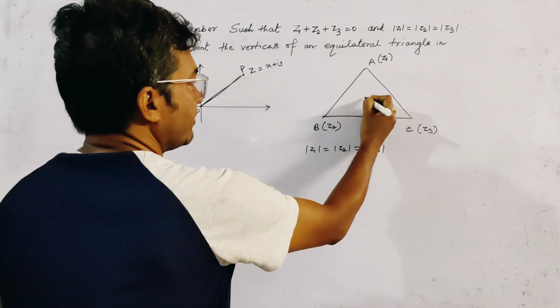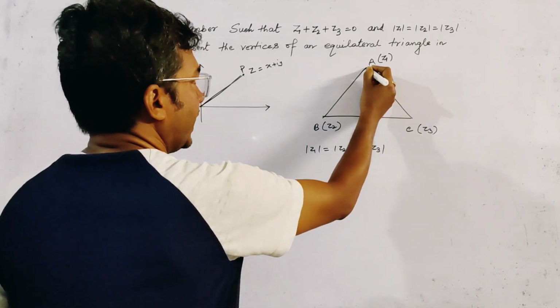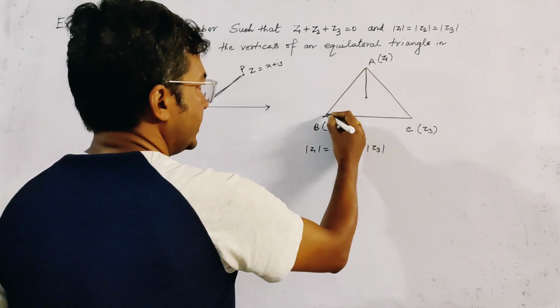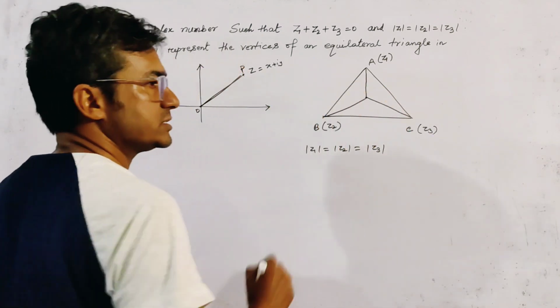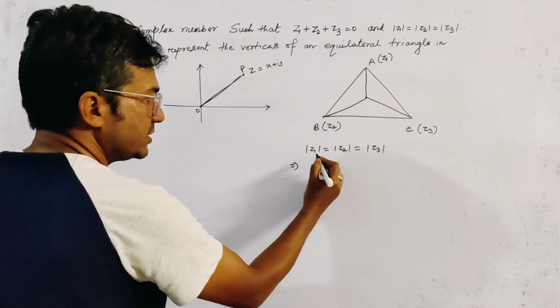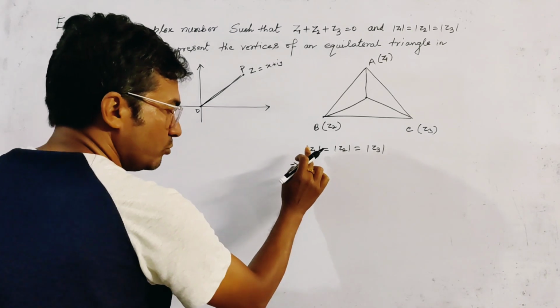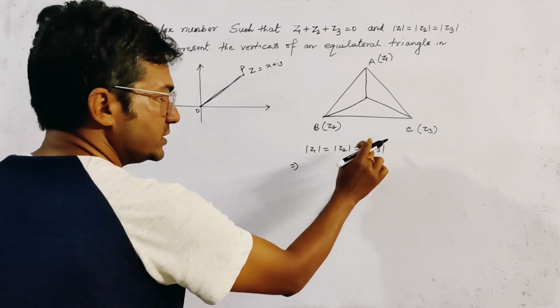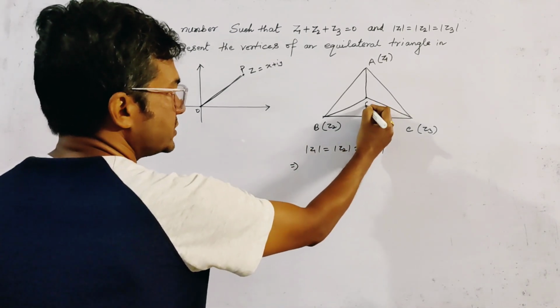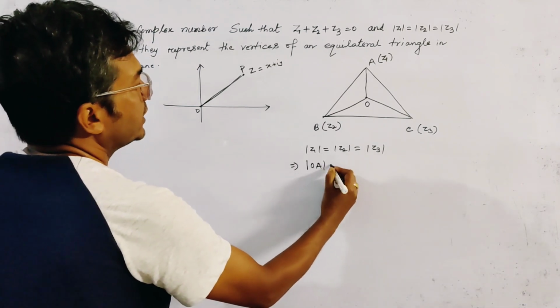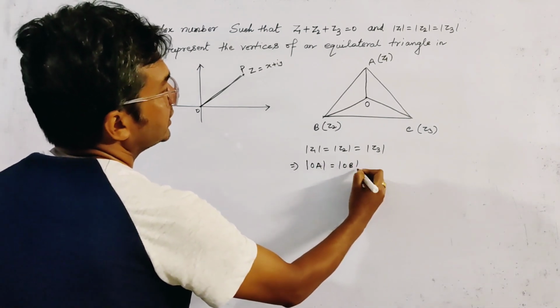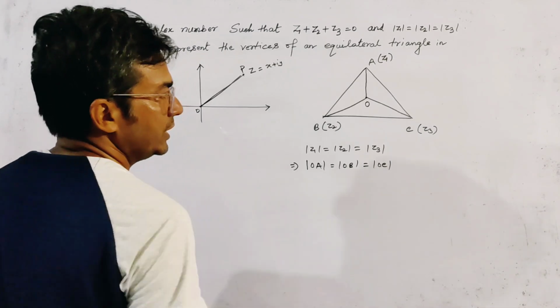So there will be the origin, and the distance of A, the distance of B, and the distance of C are the same, because it is given that this is mod Z1, this is mod Z2, and this is mod Z3. So this is the origin. That is, we write mod OA is equal to mod OB is equal to mod OC.